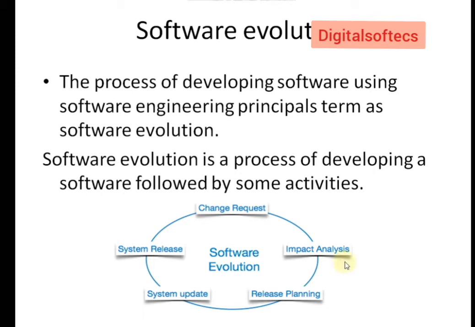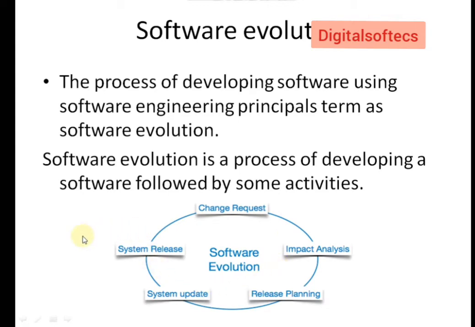When we study the impact analysis of a change, we move towards release planning. After release planning, we move towards system update, then system release. So this wheel represents an evolution.